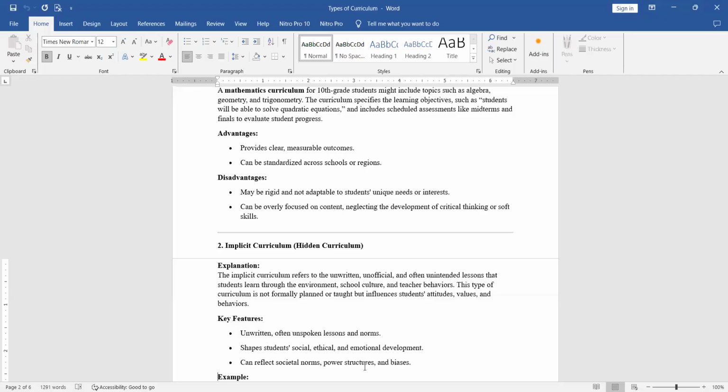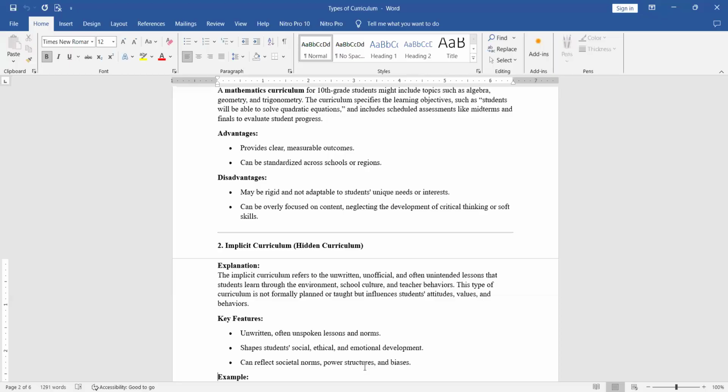Now, for example, one of the schools has this Friday 1 hour meditation, 1 hour meditation every Friday. So that is not jotted down in any of the curriculums. It's not the written curriculum. That is the school culture, right?